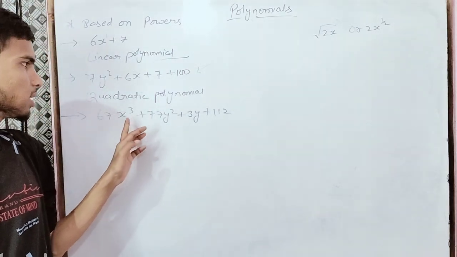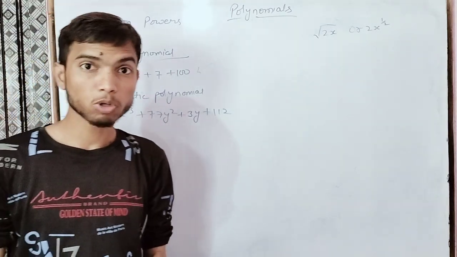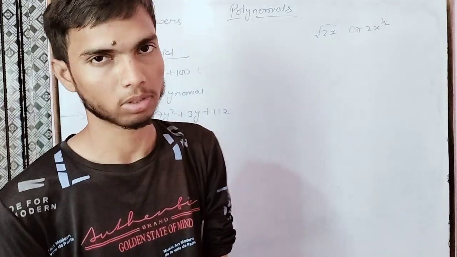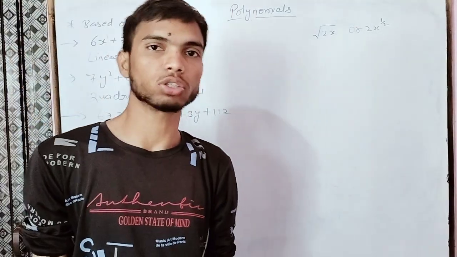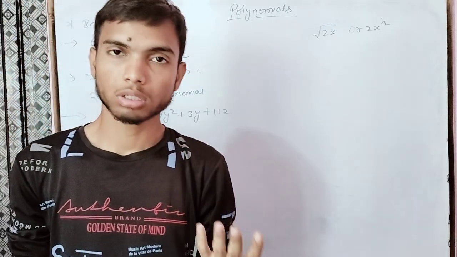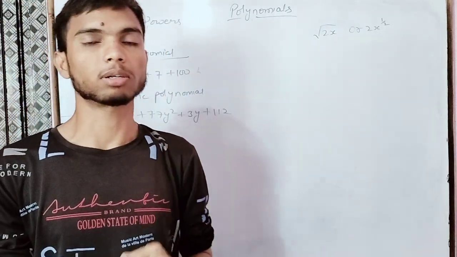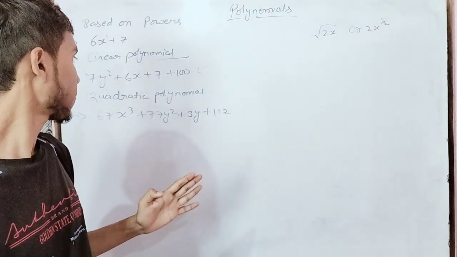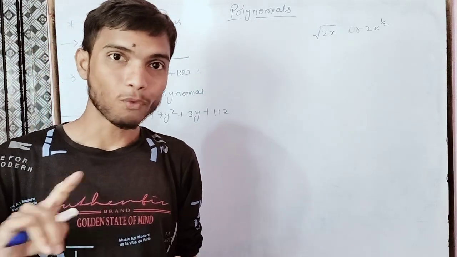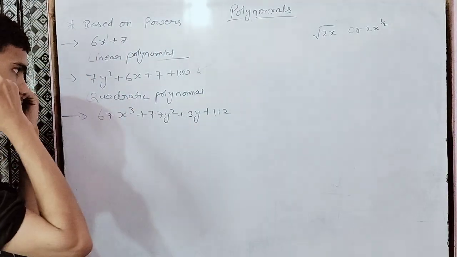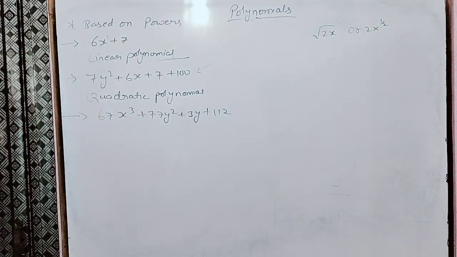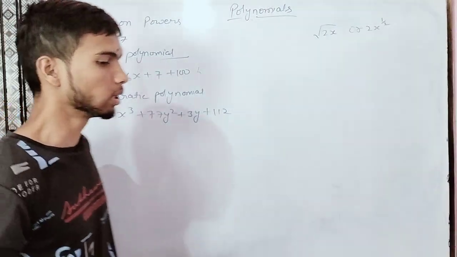First, you can see the exponents are whole numbers. Exponents are not fractions, not rational numbers. Variables, which are x and y, are not under a root.